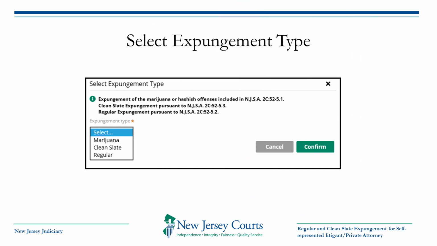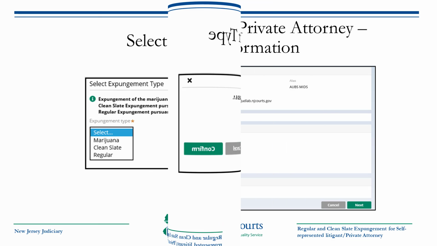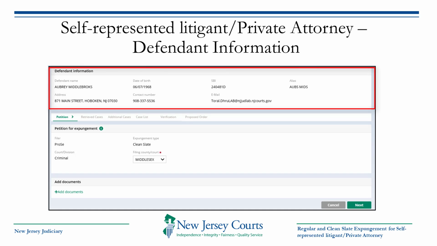Upon clicking the Initiate button, a pop-up window is displayed to select the expungement type: marijuana, clean slate, or regular. After selecting a value, click the Confirm button. The Defendant Information section displays at the top of every screen with defendant details such as name, SBI number, date of birth, alias, and other contact information.